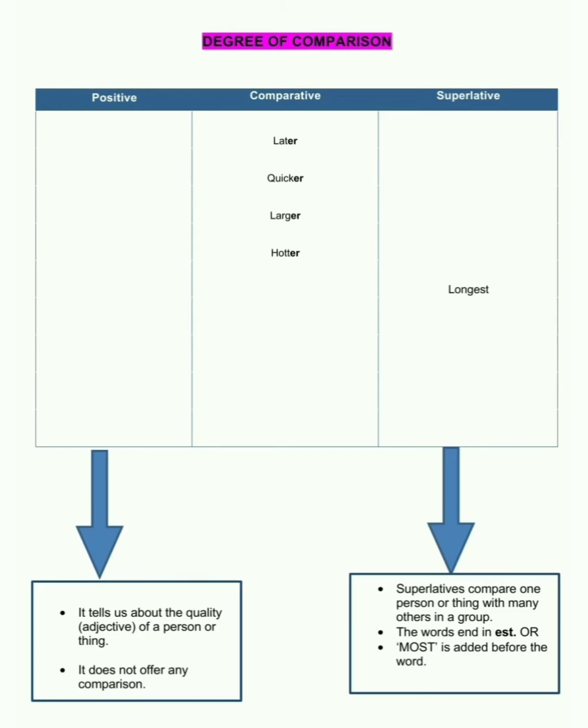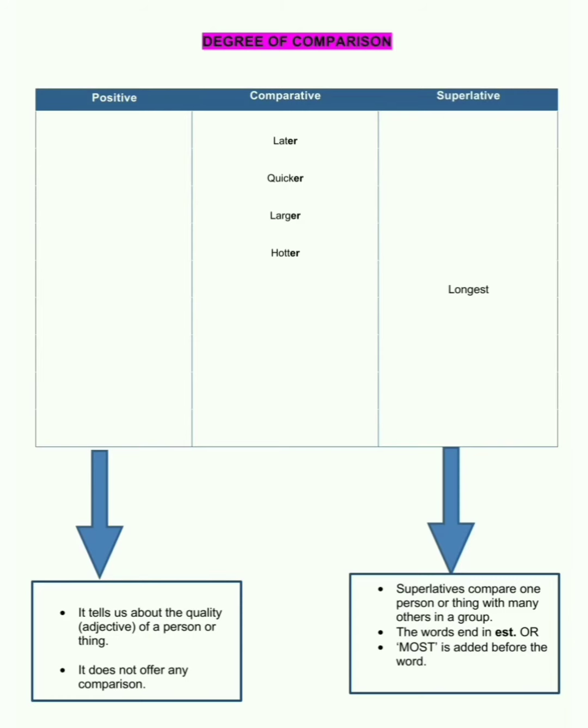Before we take a few examples, I would like to remind you that in the positive degree, we do not use any comparison, okay, like how we did in comparative degree and superlative degree. So for better understanding, let's take a few examples.